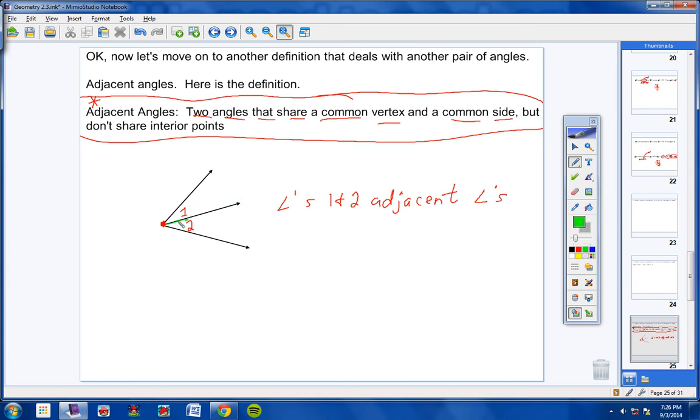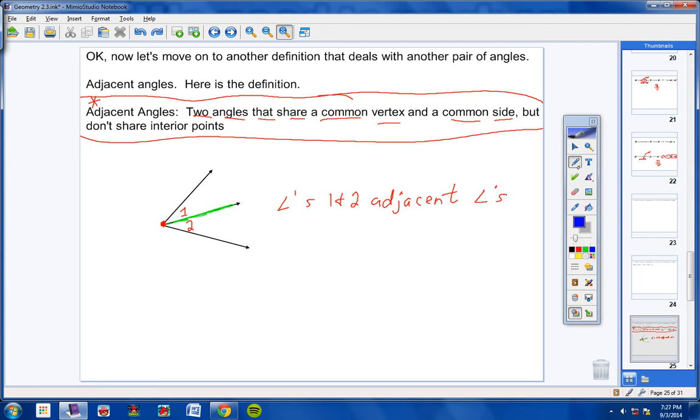Angle 1 has a side right here, and angle 2 has a side right here. They're sharing a side, but notice they don't share interior points. In other words, here's the interior of angle 1 right here. Here's the interior of angle 2 right here, and they don't intersect. They don't cross each other, okay? And so there's a picture of adjacent angles, all right?